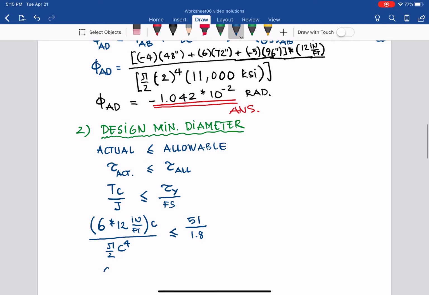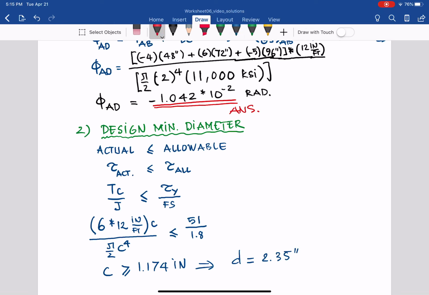From that we get C greater than or equal to 1.174 inches, and they ask for the diameter, so you just multiply by 2, so the diameter is equal to 2.35 inches.